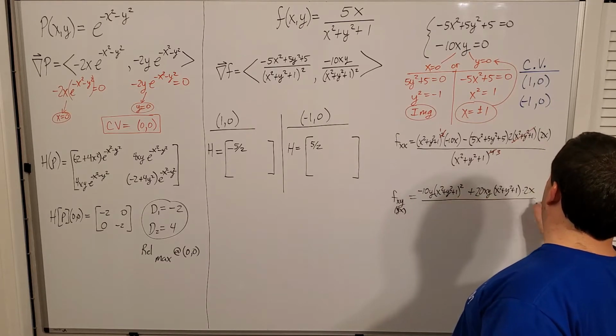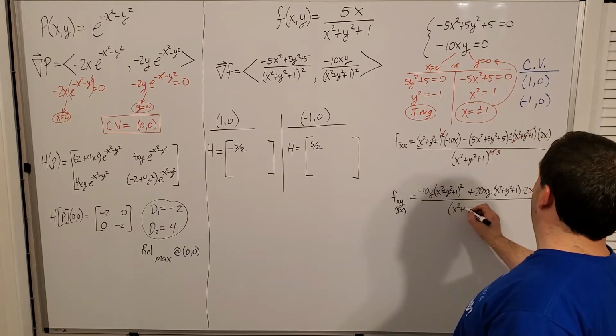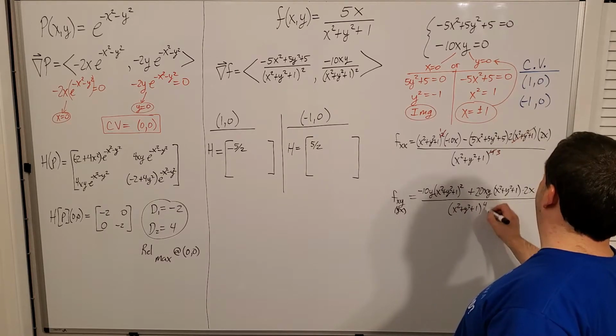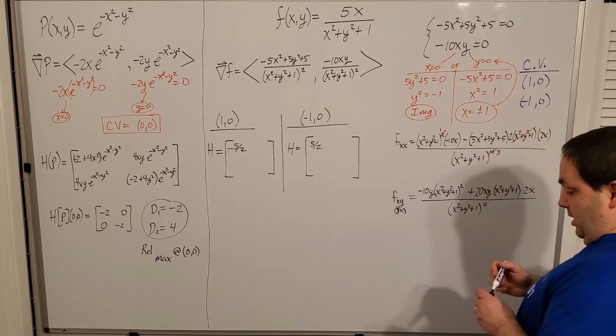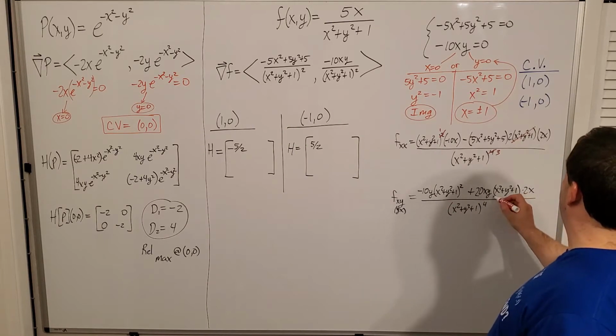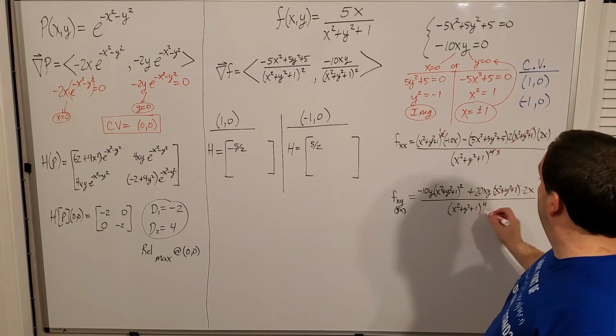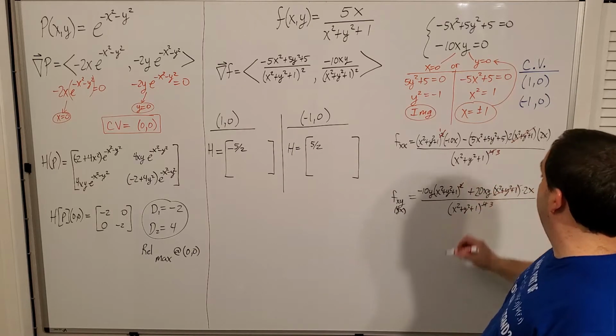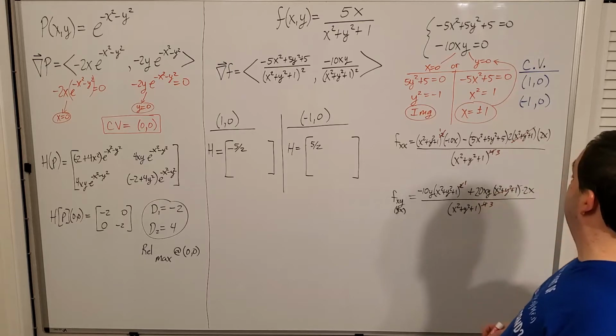And square of below, (x squared plus y squared plus 1) to the 4th. Just like last time, we'll reduce what we can immediately. This piece will go away with one of these and one of these, so that's to the 1 power, and that's to the 3 power.